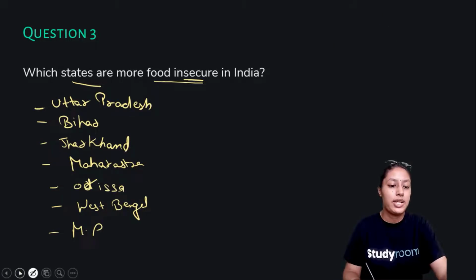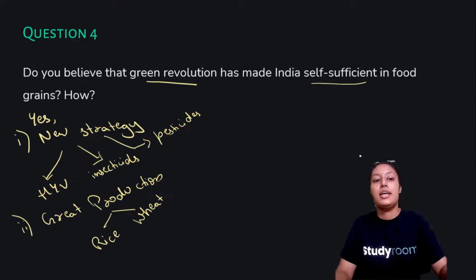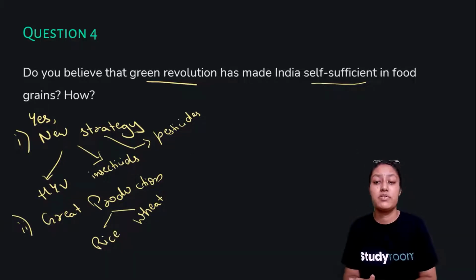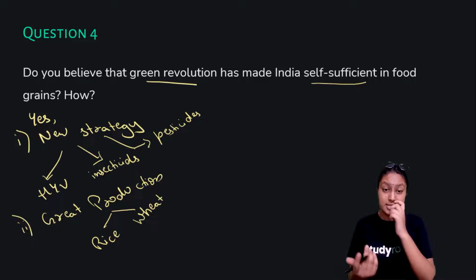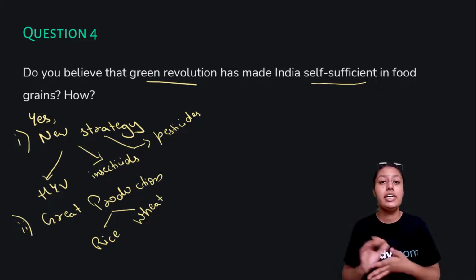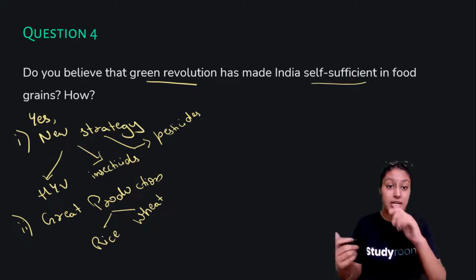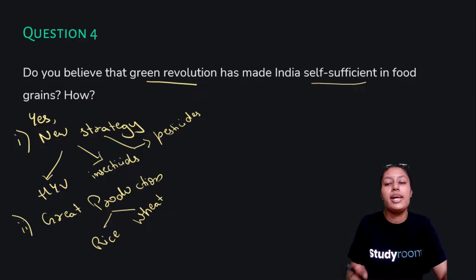Now the fourth question is, do you believe that the green revolution has made India self-sufficient in food grains? If yes, then how? Yes, it has. Post independence and up till 30 years now, India has been self-sufficient in terms of food grains.